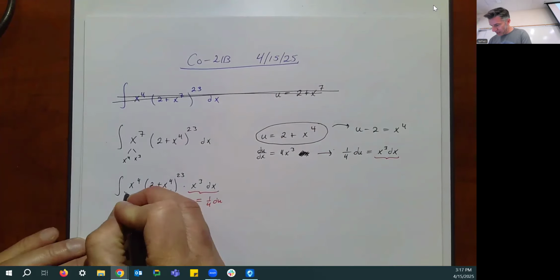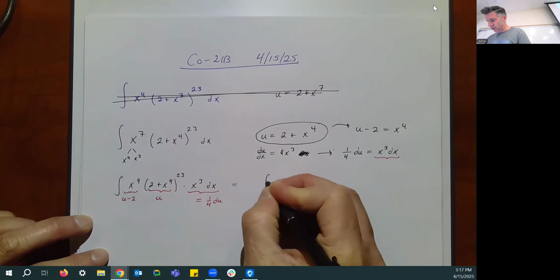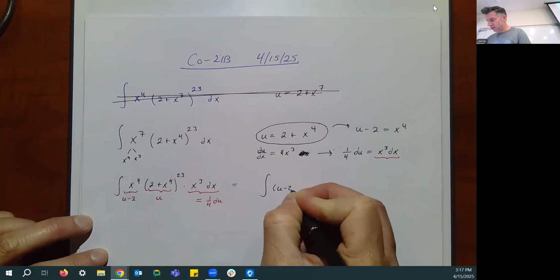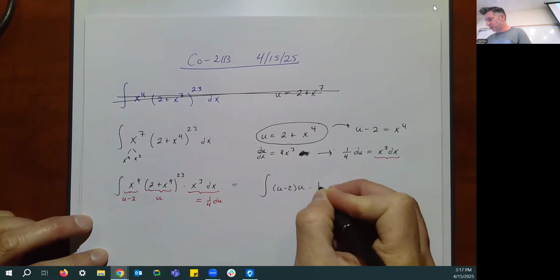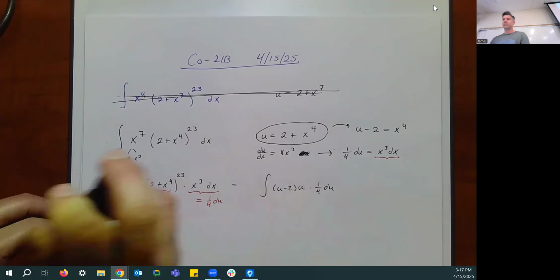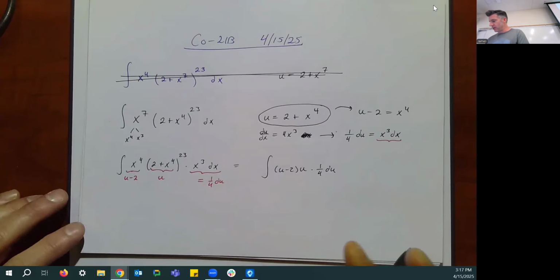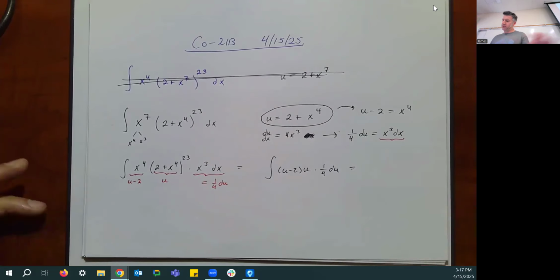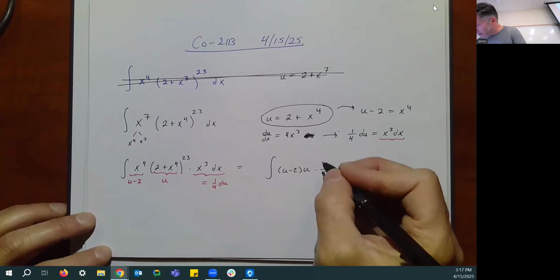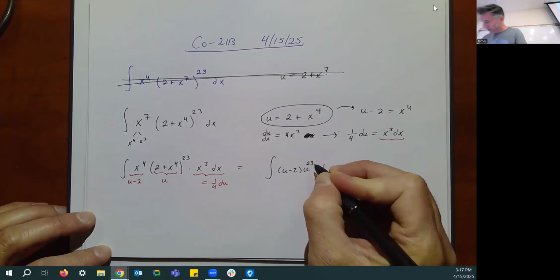Now we translate all the way and get the integral of u minus 2 times u times 1/4 du. And if we simplify, times u to the 23rd.